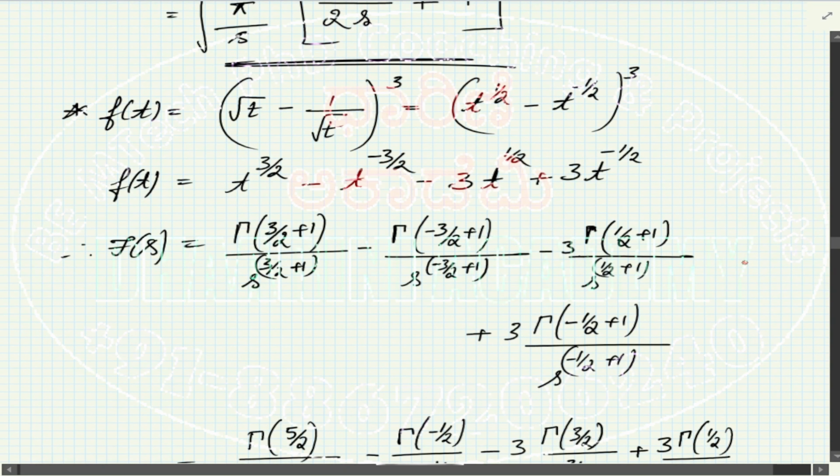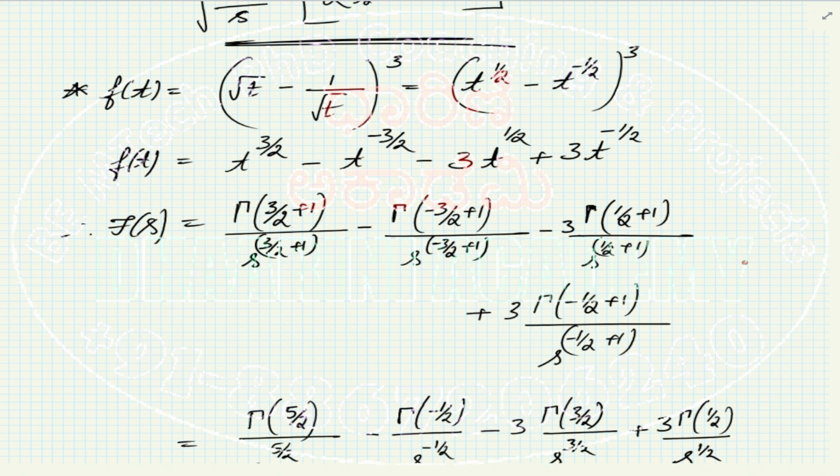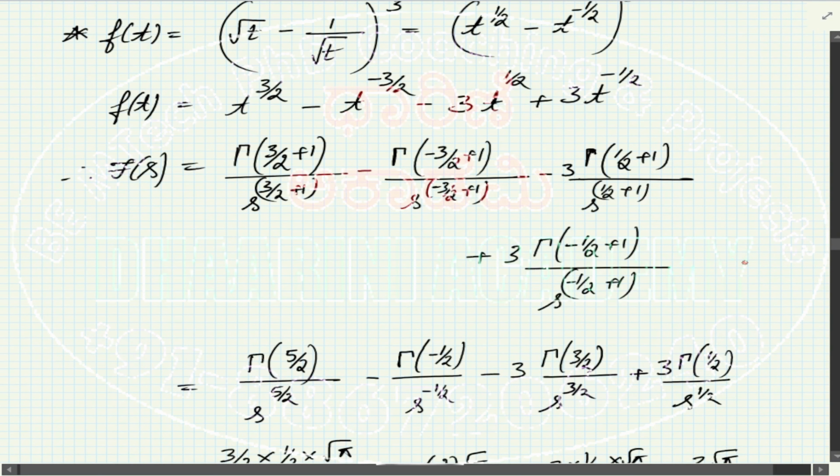Then this is the next one. This is root t minus 1 by root t whole power 3. Right. So the root t we write as t to the half, and 1 by root t we write as t to the minus half. There is a power 3, so we expand. Each term has a t to the n format.